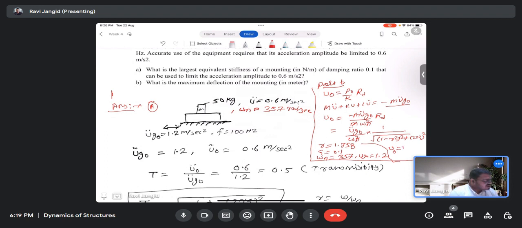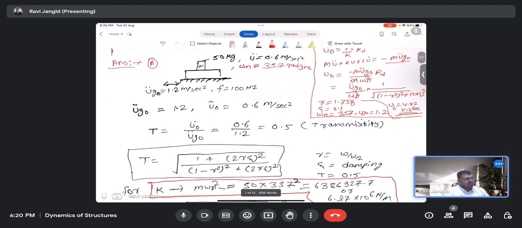That will be around 4.42 into 10 raised to power minus 6 meter. Is there any doubt in this question? Yes, I got the same answer. Okay, so let us move to another question.